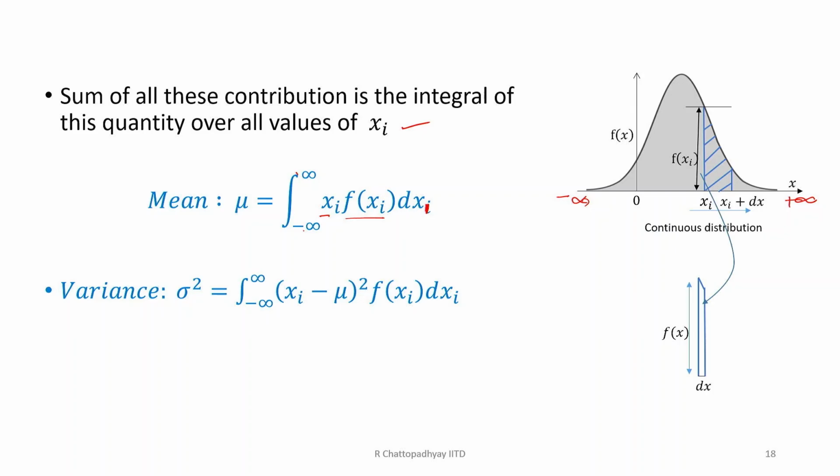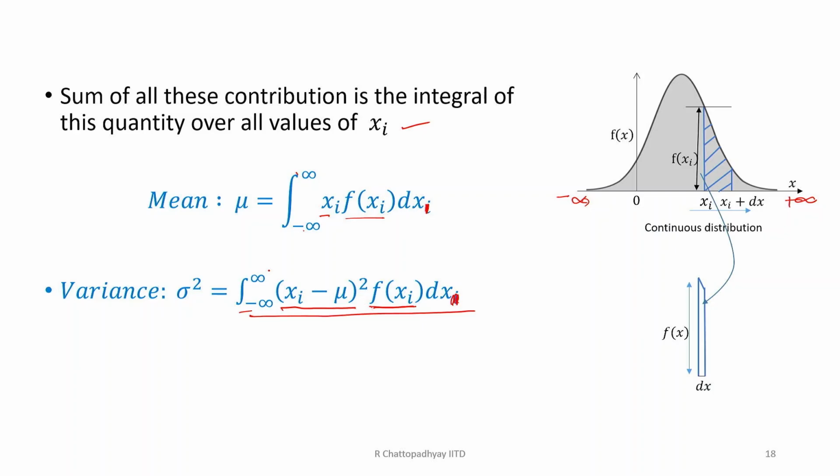from the left hand end to the right hand end. And the variance is going to be, as shown here, similarly the deviation square multiplied by the probability density f(xi) into dx, and then we integrate it from minus infinity to plus infinity.